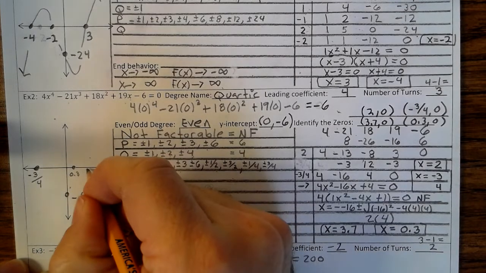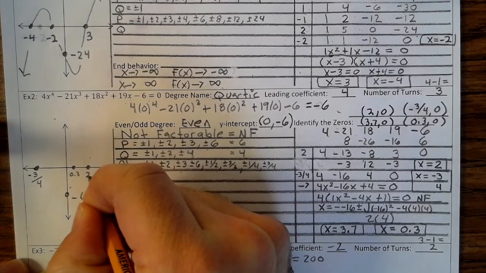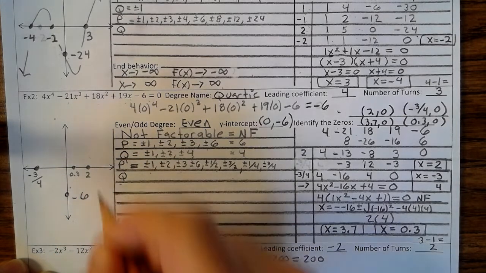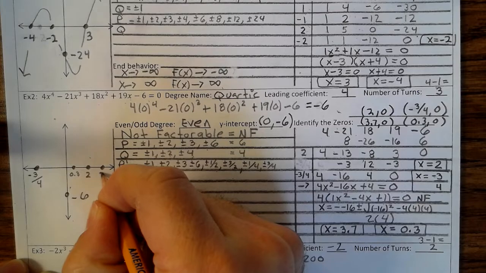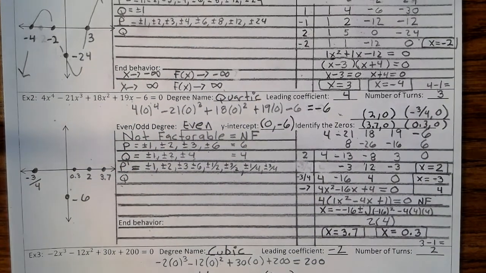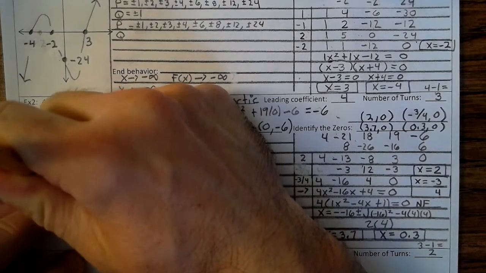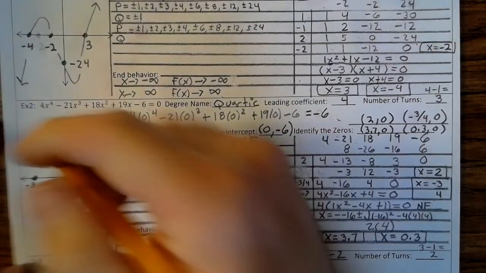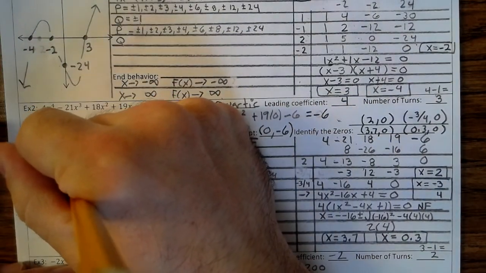Okay, and then this would be 2, and this would be 3.7. Okay, let me rewrite that 0.3 a little bit better.